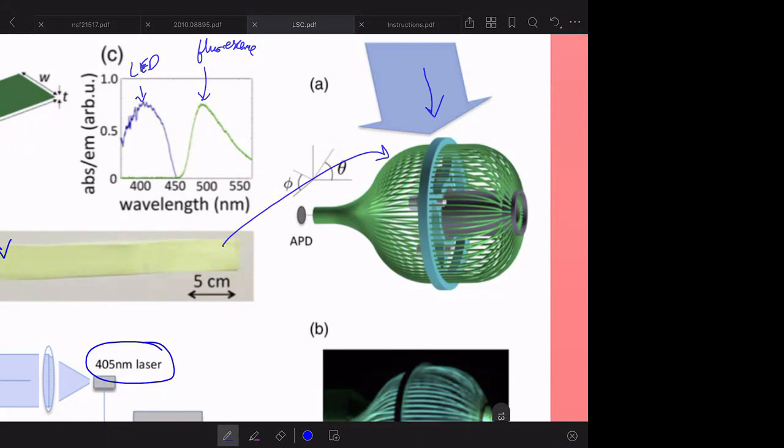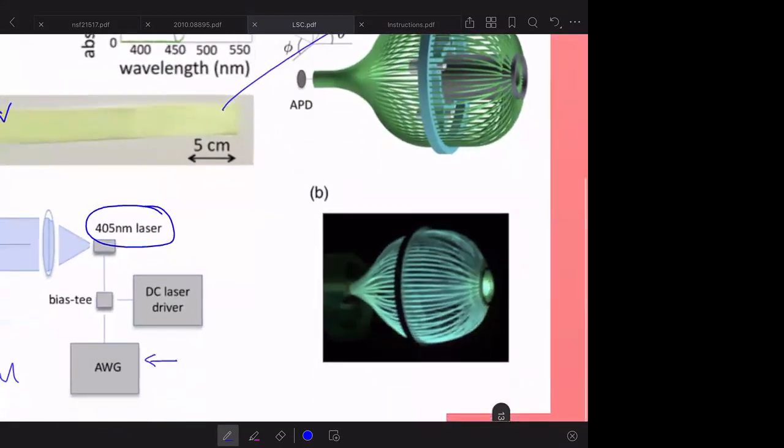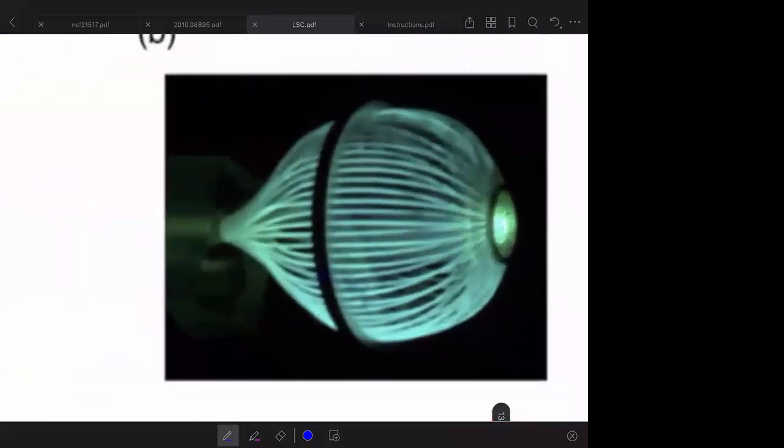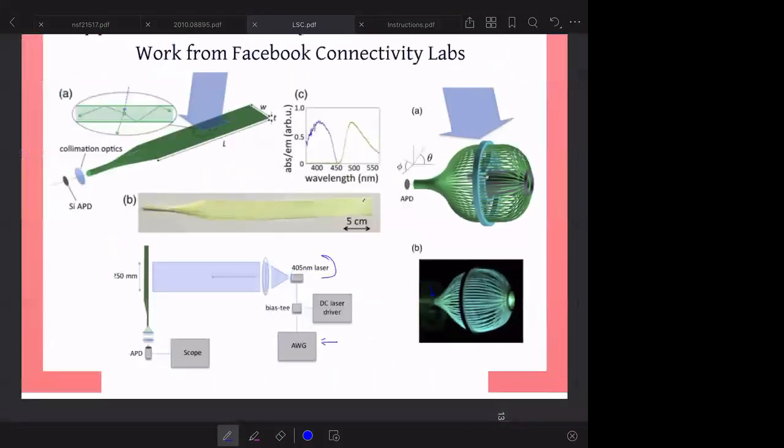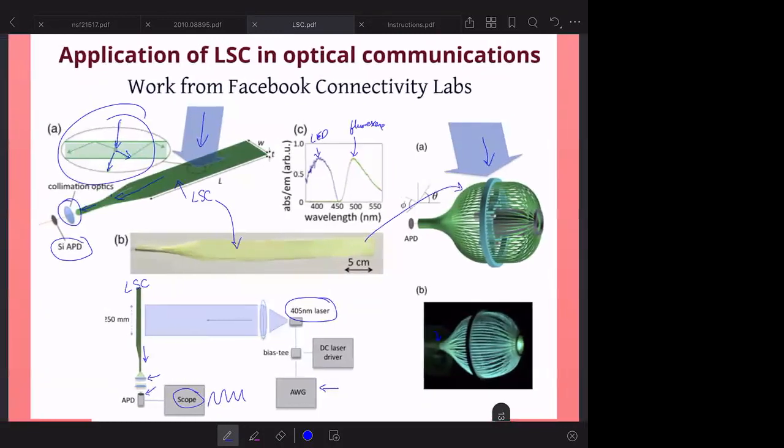You can see the green light here, and that's because the green is the fluorescent light, and some of the light's actually escaping, scattering out into free space. So what you're seeing with your eyes, or captured by this camera, is actually the lost photons. The photons that are not lost need to go in here to the detector. So it's a really interesting example of how an LSC can be applied in optical communications.